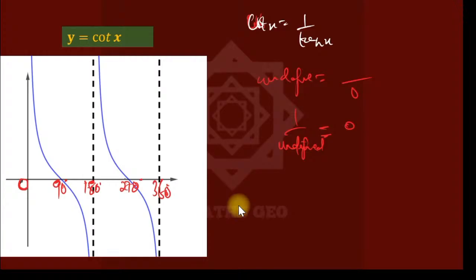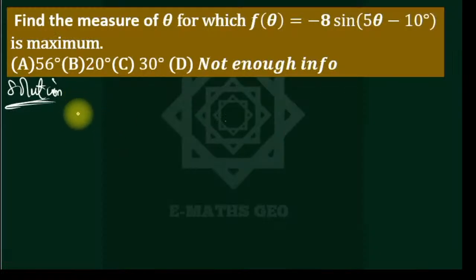First of all, we should know that the sine of any angle must be between 1 and -1. So the minimum is -1, maximum 1. So for this to be maximum, this should be negative, because if it's positive, the answer is negative.